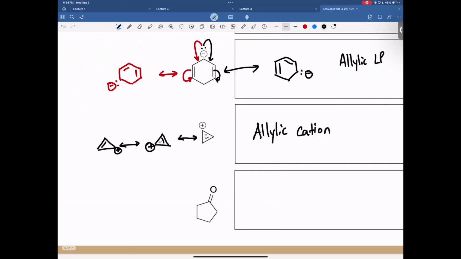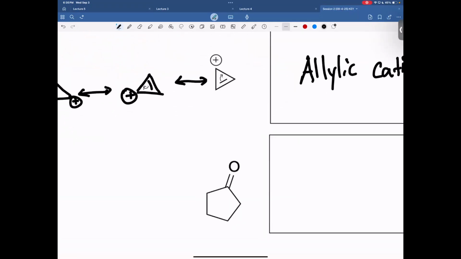All right, last one. There are no charges, so you might be wondering where we start our resonance, but we've got this double bond here. There's a difference in electronegativity because we have a carbon and an oxygen. So we can take this double bond and bring it up to the oxygen.